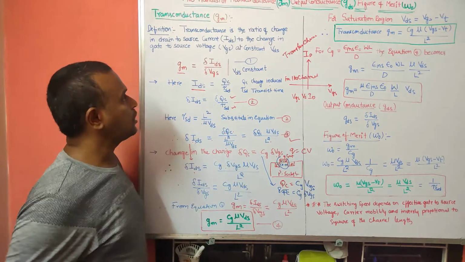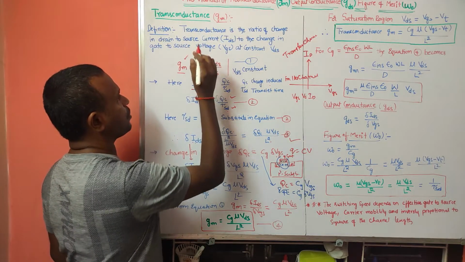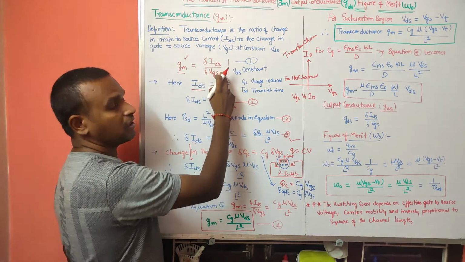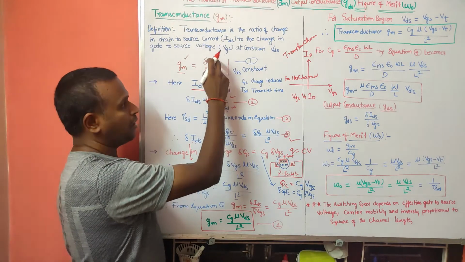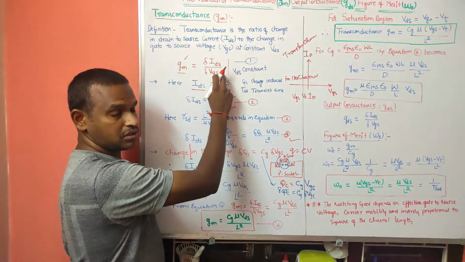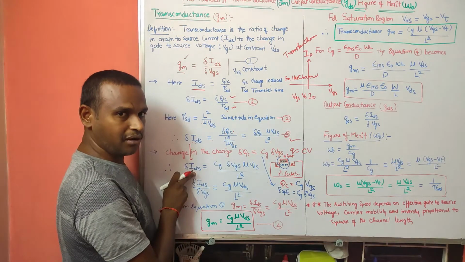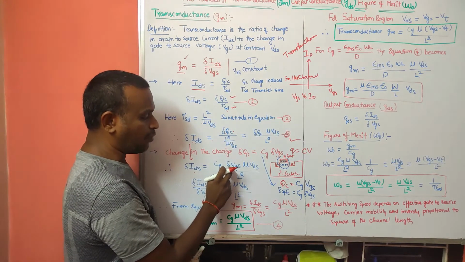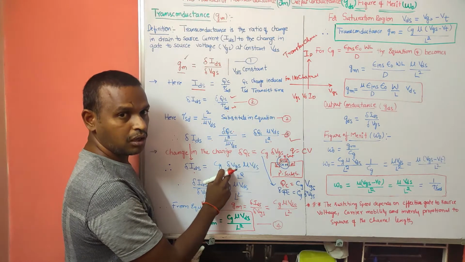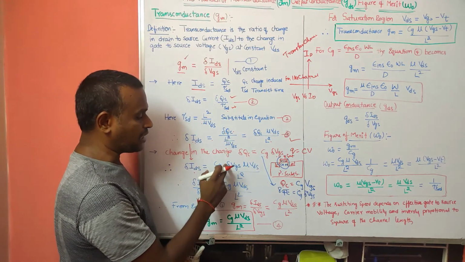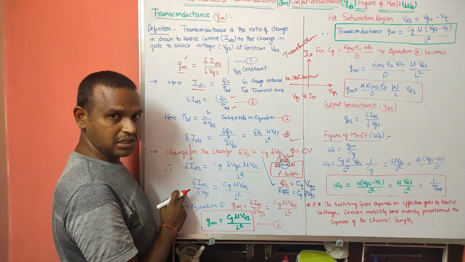But what we require is GM equal to delta IDS by delta VGS. Here I have delta IDS, but I also have delta VGS.